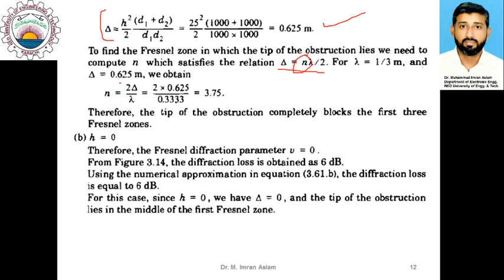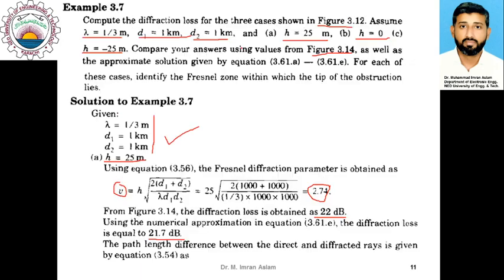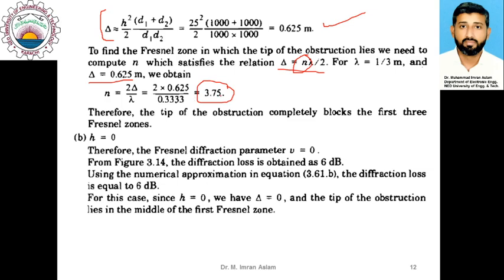You can see that n would be 2 delta upon lambda, because we know the path difference here, so we can calculate n, which is 3.75. So actually this obstruction which is represented here is obstructing 3.75 of the Fresnel zone, or in other words, it has completely blocked the first 3 Fresnel zones by this obstruction.